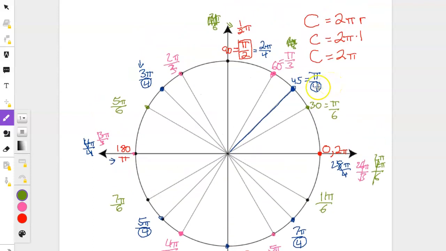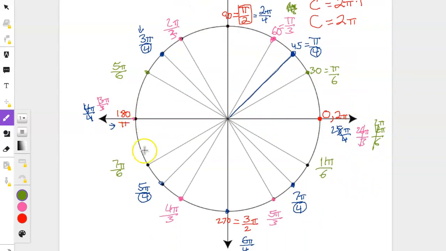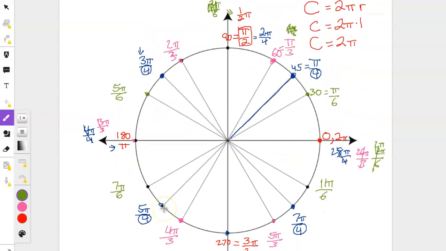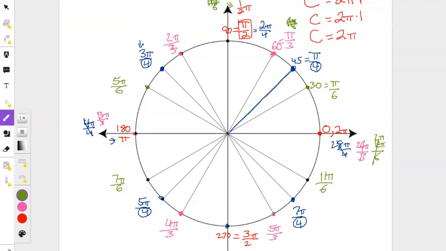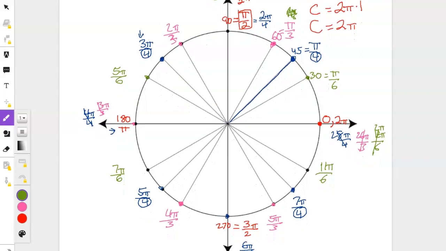The name of the game is find the piece of pi, because all these are just fractions or pieces of the number pi. So after a while, it'll take you 2 seconds or less to remember all of these. But you don't have to do it right away, just know that's the eventual goal, to have this memorized. So all your future calculations go a lot easier.